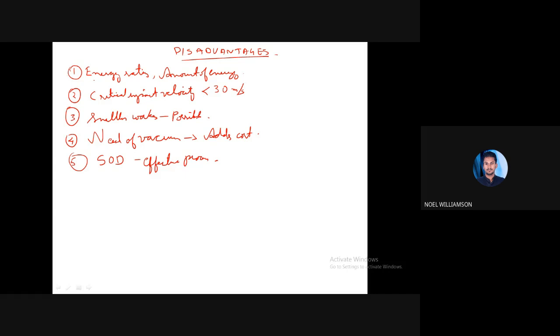And also the difference is that in electro-hydraulic forming, we cannot form the final product in a single shot. We have to repeat the process. While in the case of explosive forming, we will be able to form the particular product within a single shot itself. So that is the main difference.